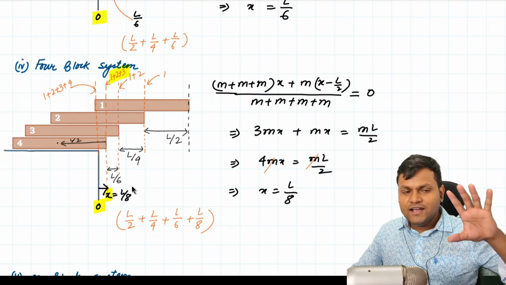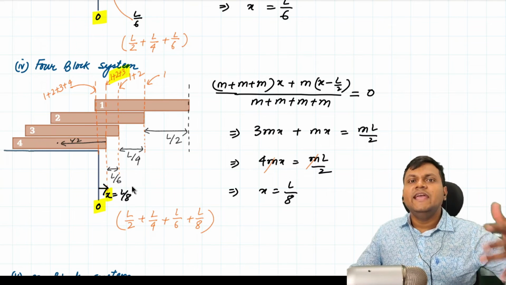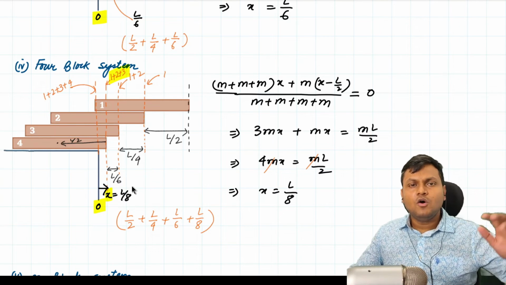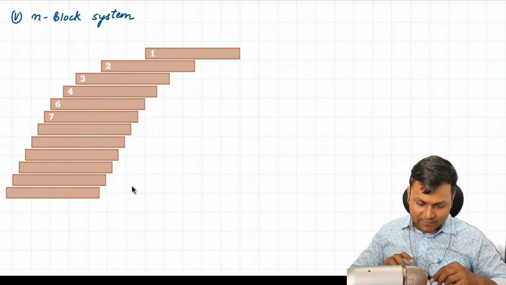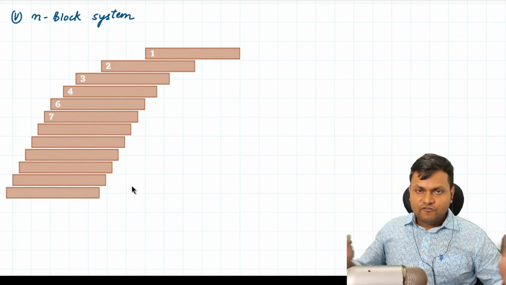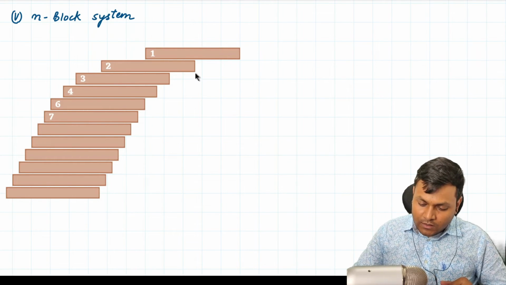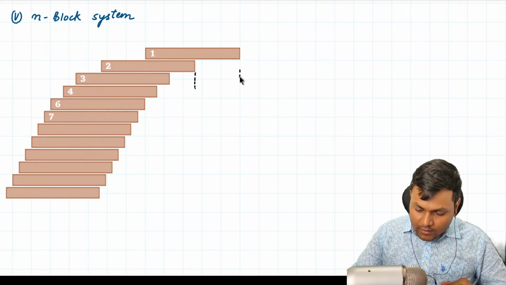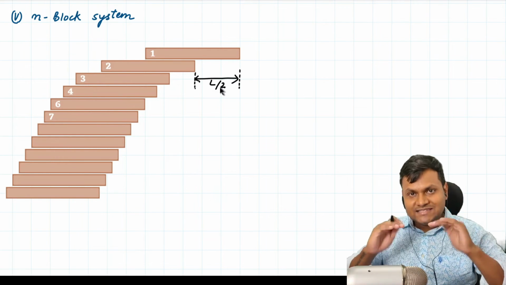If you keep on continuing these calculations for 5, 6, 7, 8, 9, 10 blocks and on and on, what you will find out is that you can create a configuration of maximum overhang from the edge of the table such that the topmost block has a maximum overhang of L upon 2 from the second block.